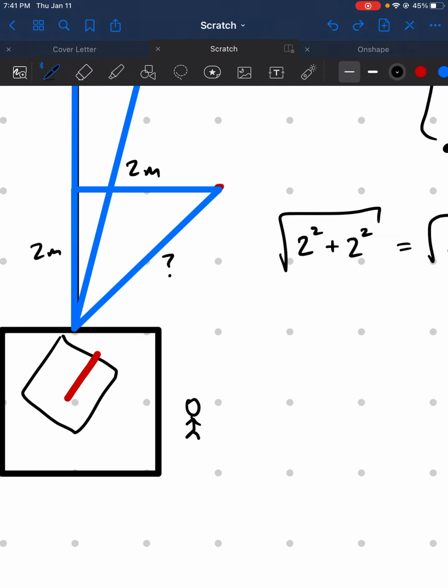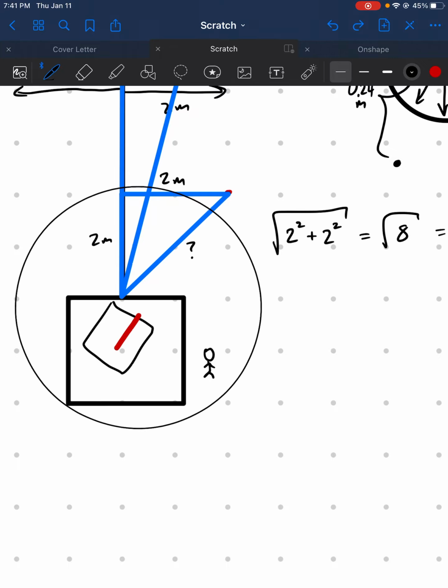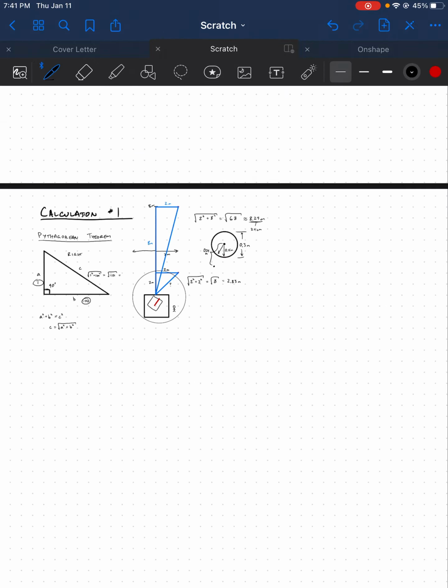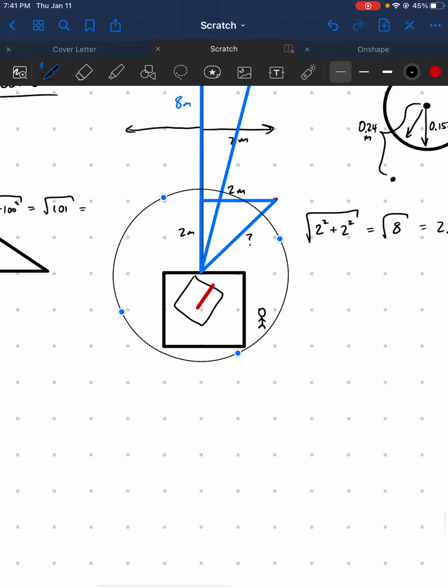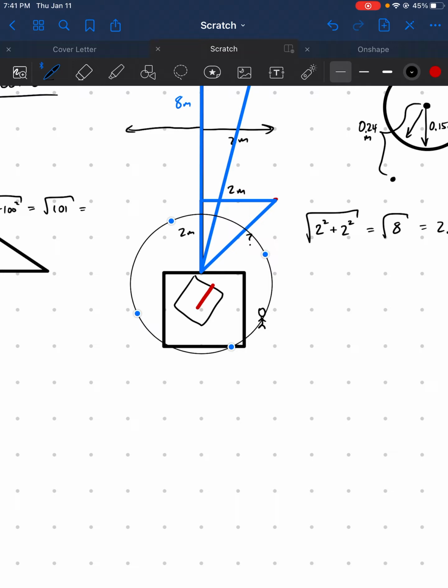So this 2, if you can kind of imagine a circle around your point, that's like 2 meters. Okay.